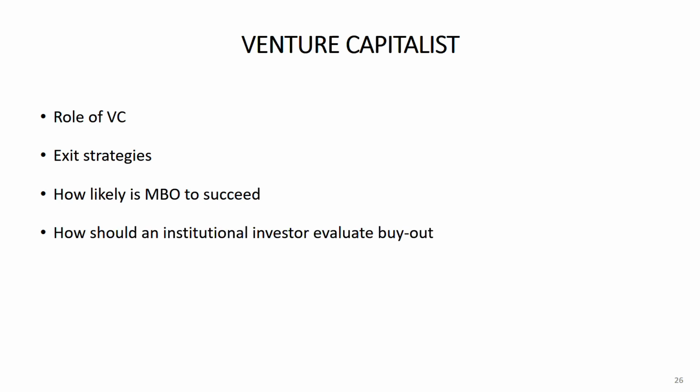How should an institutional investor evaluate a buyout? This is also important. They are not just going to pay you, they are not just going to finance. Even a venture capitalist, if they finance the MBO, is not just going to finance. They need to see certain things before they decide whether to finance or not. What are those?